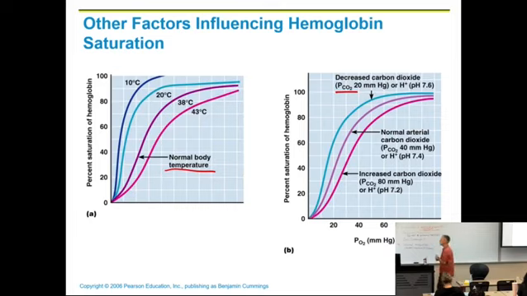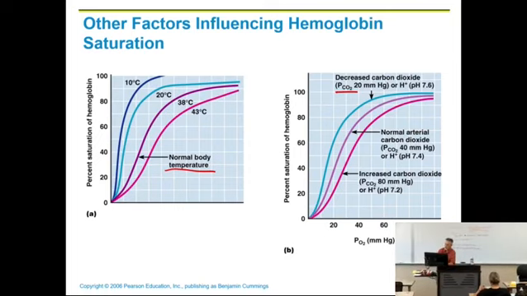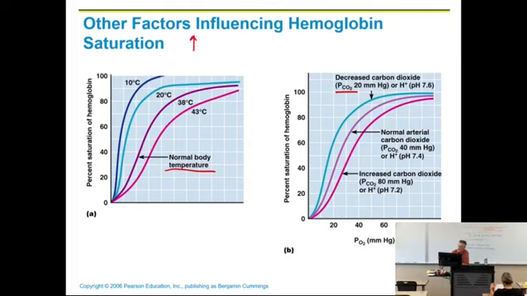So what we're showing with that is that, for instance, when temperature goes up, our hemoglobin saturation goes down because it's releasing that oxygen to that warm tissue that's working hard. So that's the relationship there.